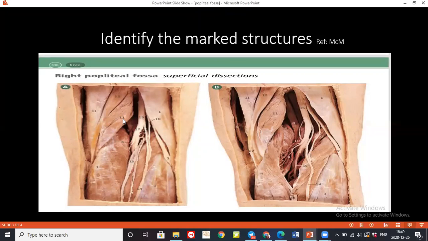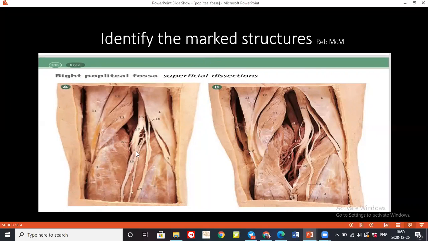Number 11, is it gracilis? Okay, we'll go through it at the end. 15 please. That's a popliteal artery. 17 please. It's the sciatic nerve, which is dividing into the tibial nerve.